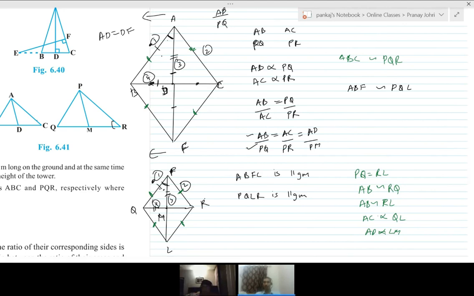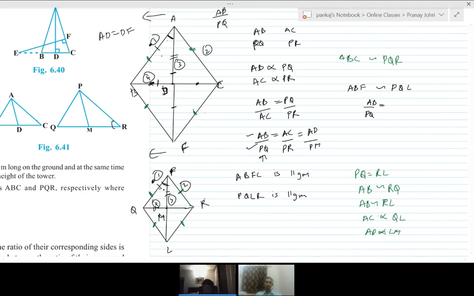So how do we prove ABF is similar to PQL? Now AB by PQ is already given. What else is given? AC by PR is the other part of the story.